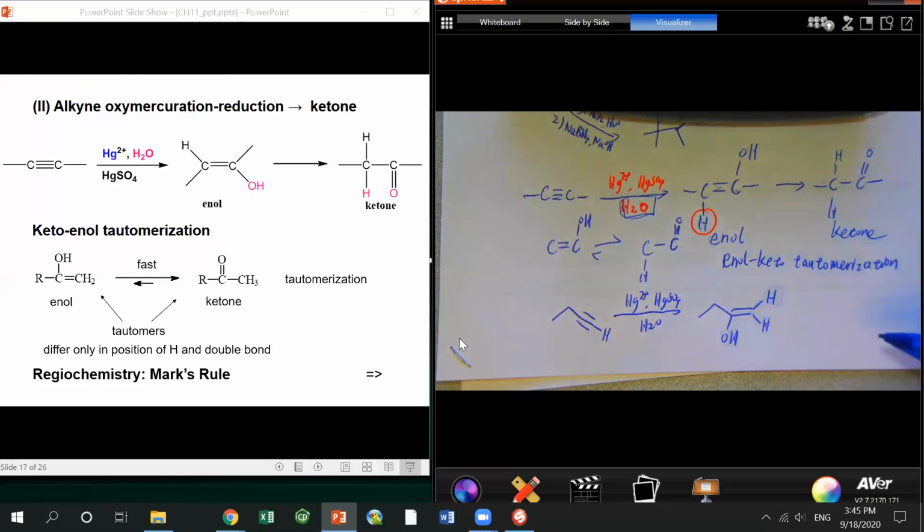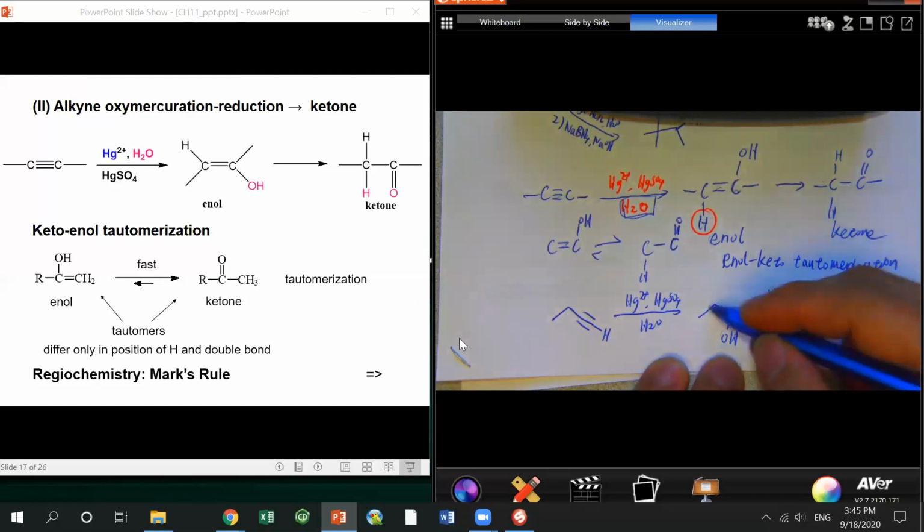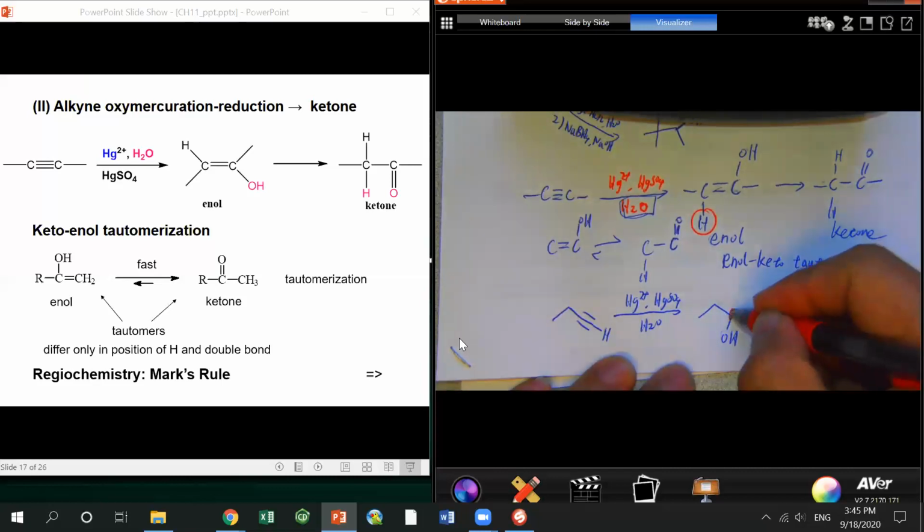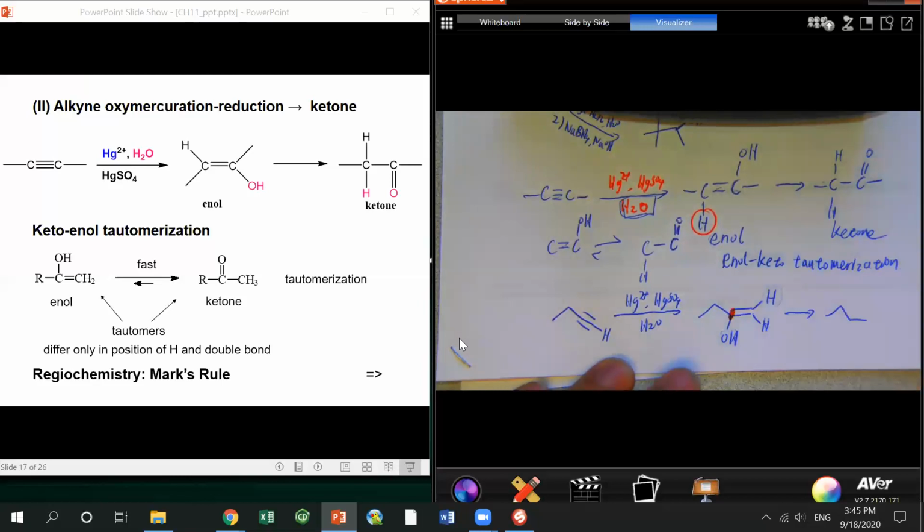Once you finish drawing this, the whole carbon framework stays the same. The only thing you need to change is the carbon with the OH group attached, which becomes a carbon-oxygen double bond. That's how you draw the ketone; otherwise you easily get confused.